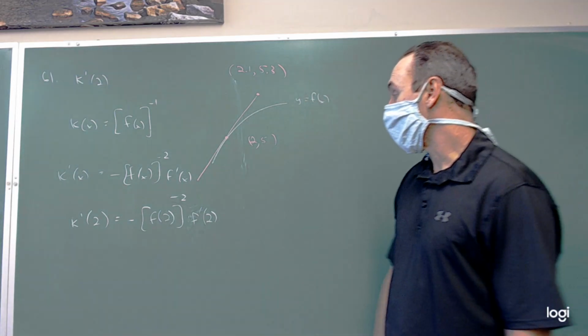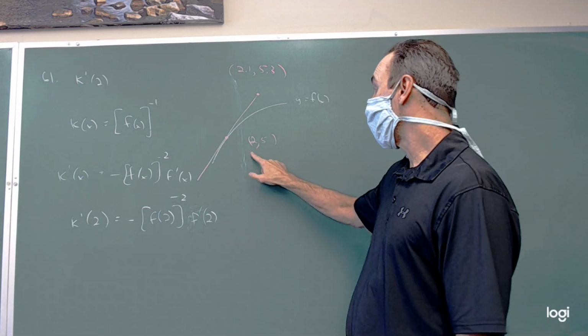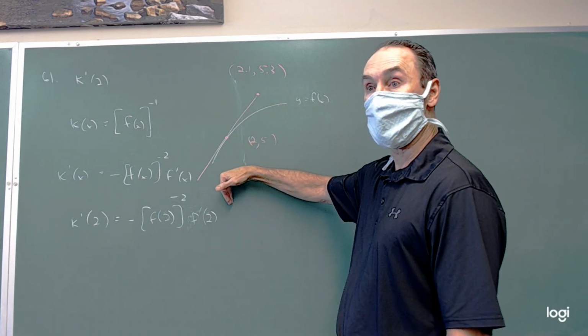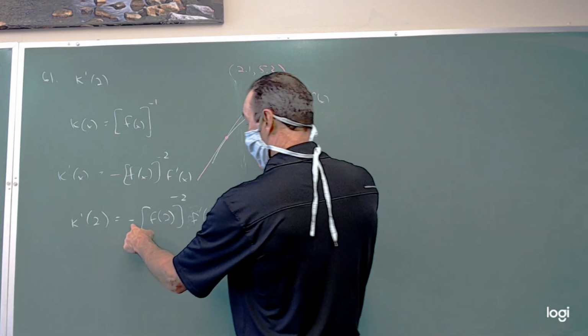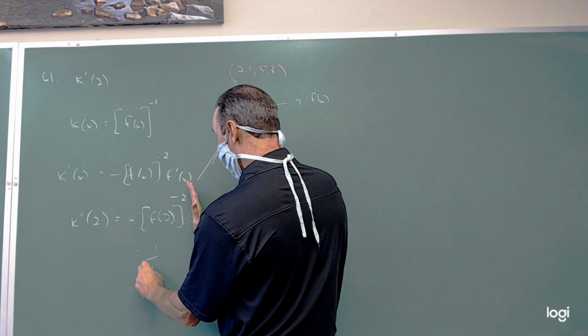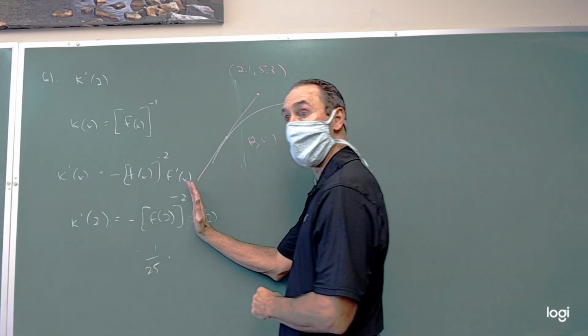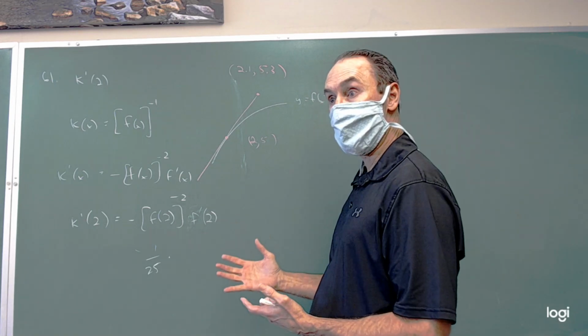Okay, so let's see. f of 2 we can tell because the point (2, 5) is on that curve from our tangent line. Then we know that f of 2 is equal to 5. So this part right here is going to be negative 1 over 5 squared. Now, the f prime of 2 is tricky. That's the slope of the tangent line.